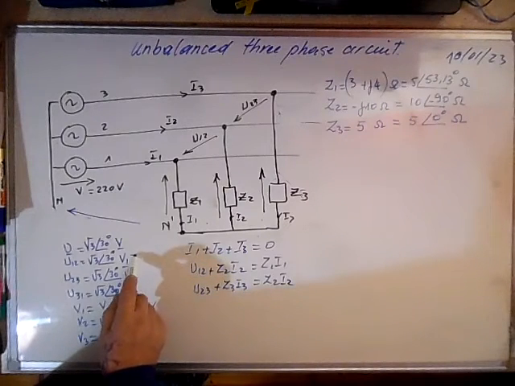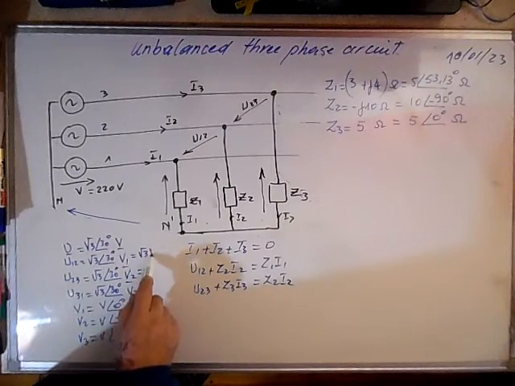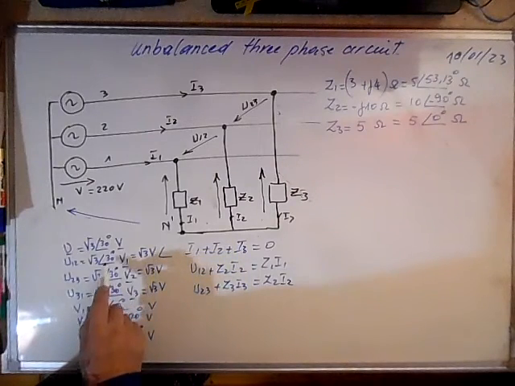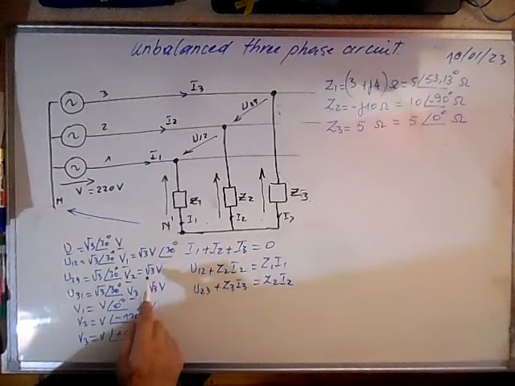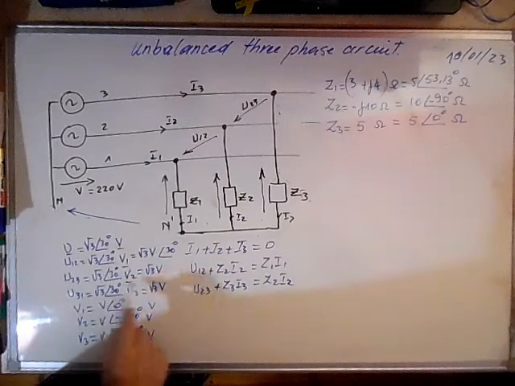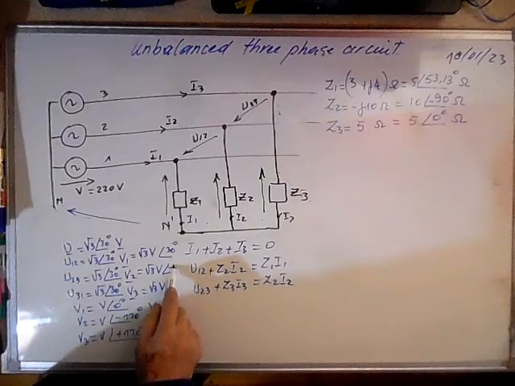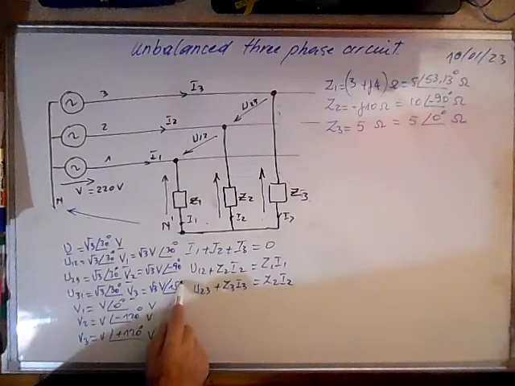And we see that here we have square root of 3 of V three times, and the arguments are 0 plus 30 degrees, which is 30 degrees, minus 120 plus 30 degrees, which is minus 90 degrees, and here 150 degrees.